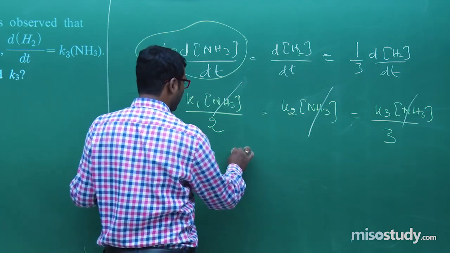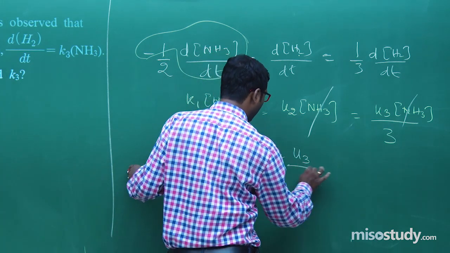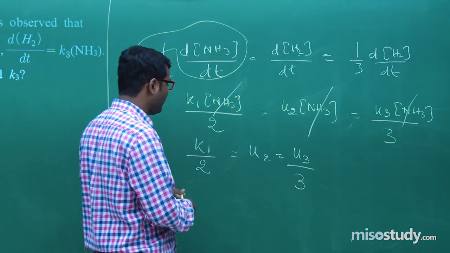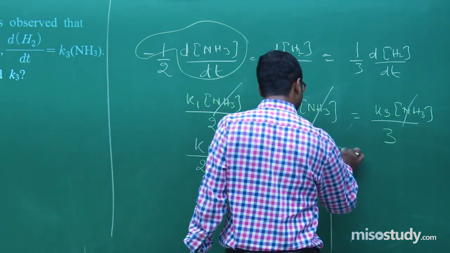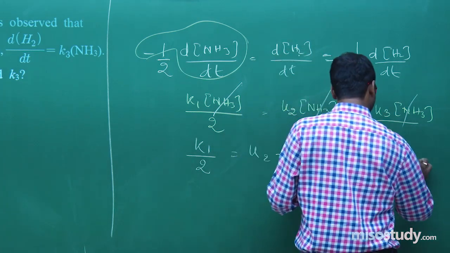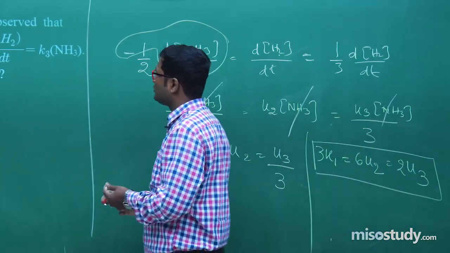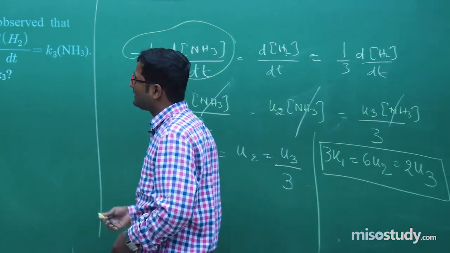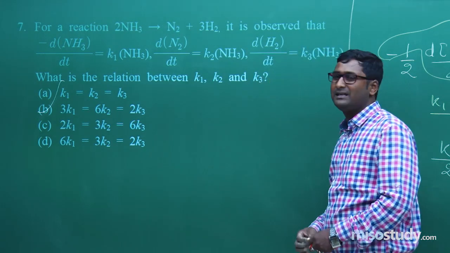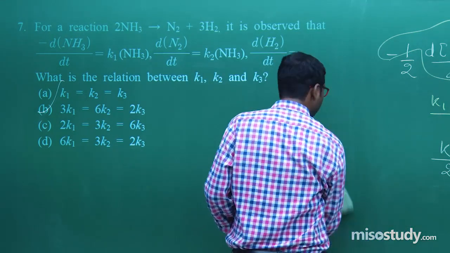K1 upon 2 is equal to K2, which is equal to K3 upon 3. Now what is the LCM here? That is 6. So 3K1 is equal to 6K2 is equal to 2K3. So for this question, we can easily predict B is the correct option. Clear, friend? Now let's move to the next one.